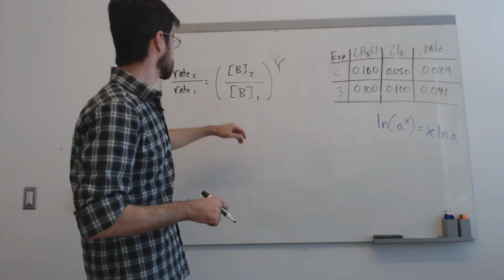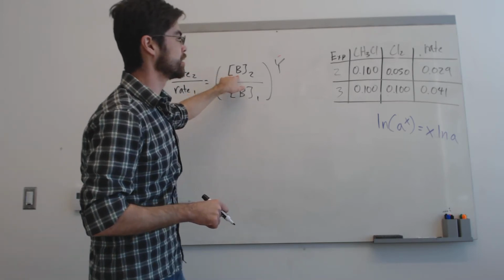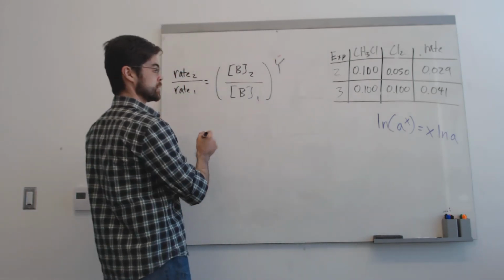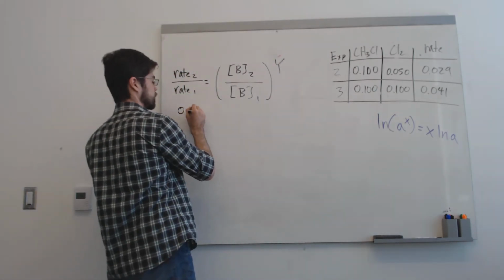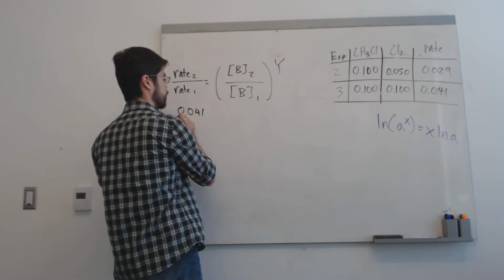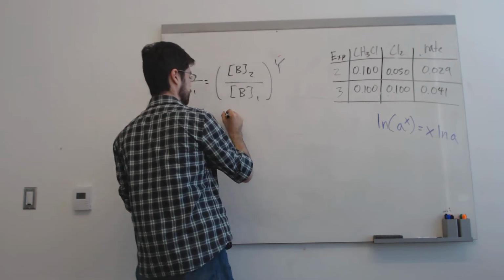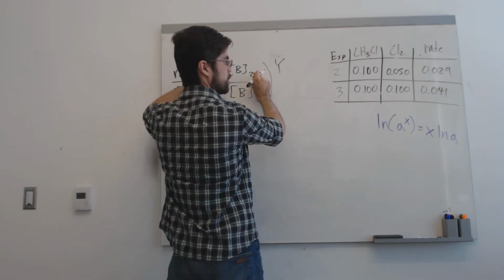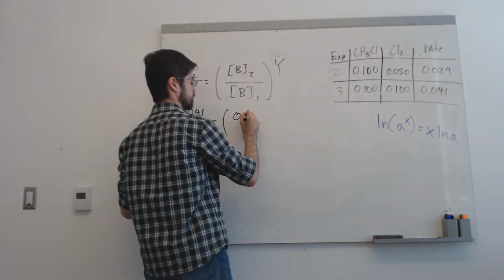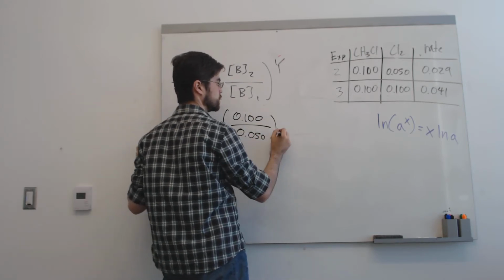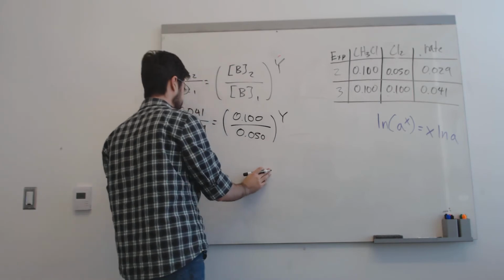We'll say that B here is Cl2. So what I have here is 0.041 over 0.029, which goes as the concentration ratio, 0.1 over 0.050, raised to the y.